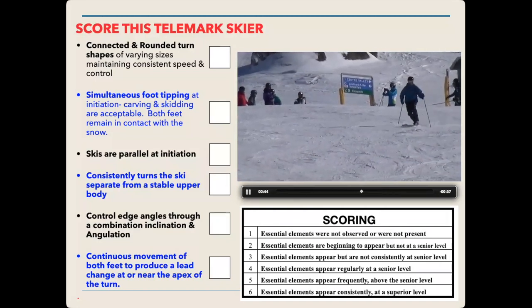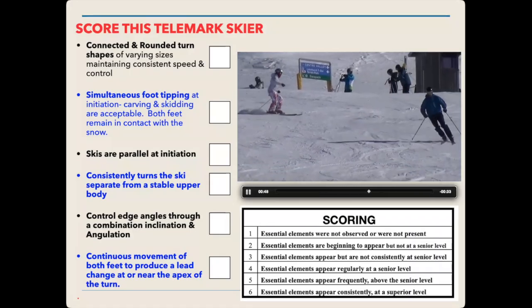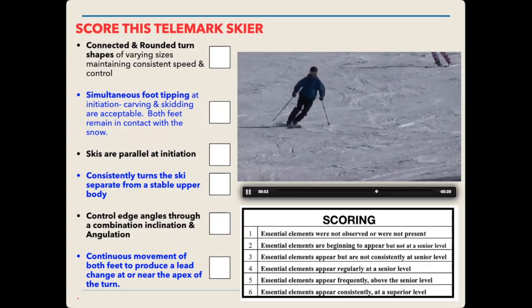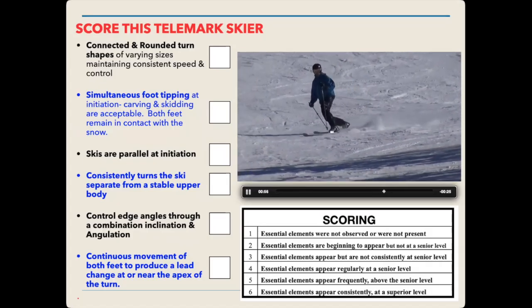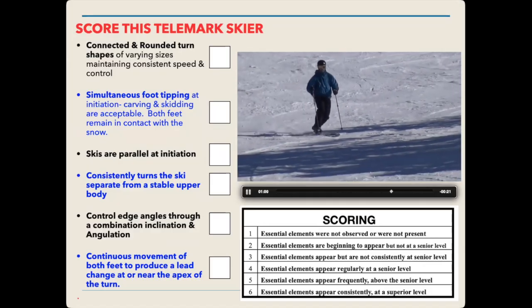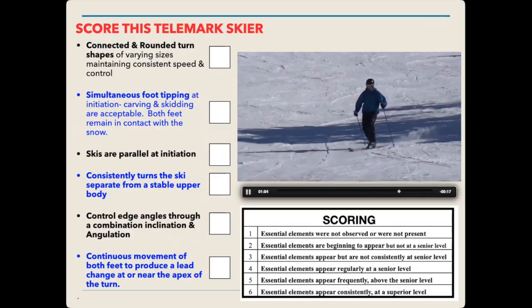Thank you. And then the last one, continuous movement to both feet to produce a lead change at or near the apex. I see this skill demonstrated more consistently at the senior level for the right-hand turns, less so for the left-hand turns.